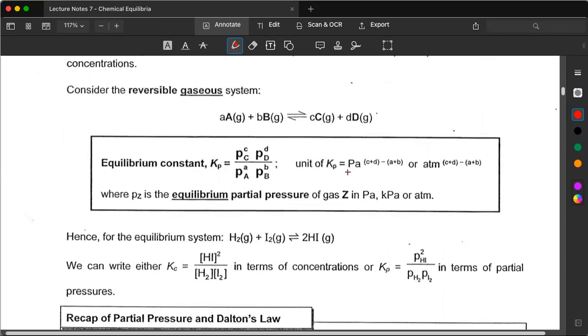We have this expression where Pz is the equilibrium partial pressure of gas Z in pascal. It can also be in kilopascal or atmospheric pressure. There is flexibility, but if the question demands a certain unit, you just have to follow accordingly.